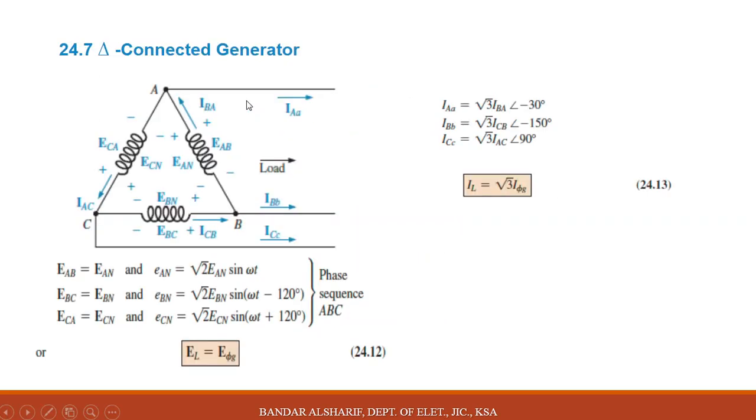How to connect a delta connection: we connect the end of one winding with the start of another winding, the end of the second one to the start of the third one, and the end of the third winding to the start of the first winding.